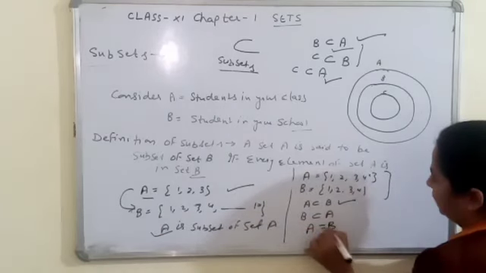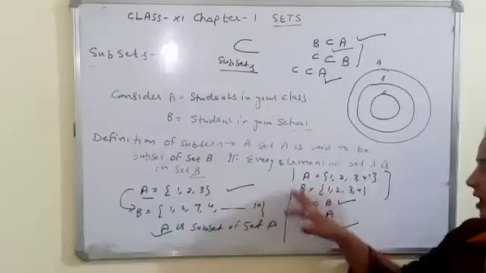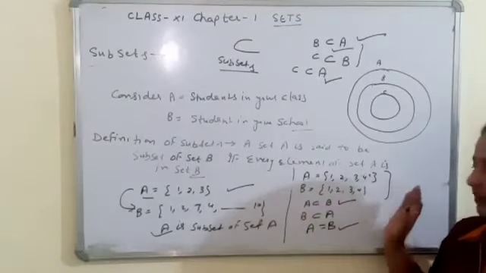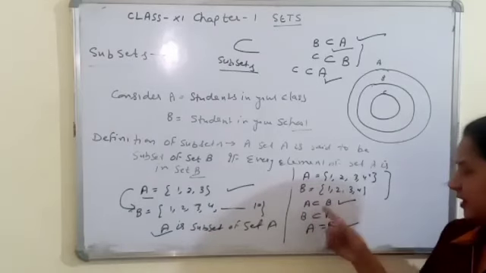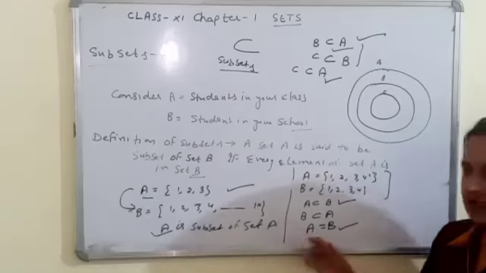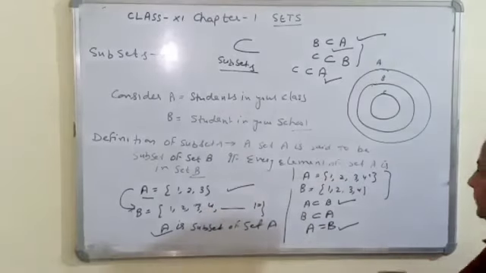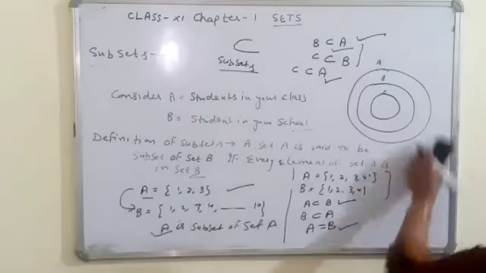As per the definition of equal sets, I have already explained: if A is a subset of B and B is a subset of A, then we can directly write set A is equal to set B.